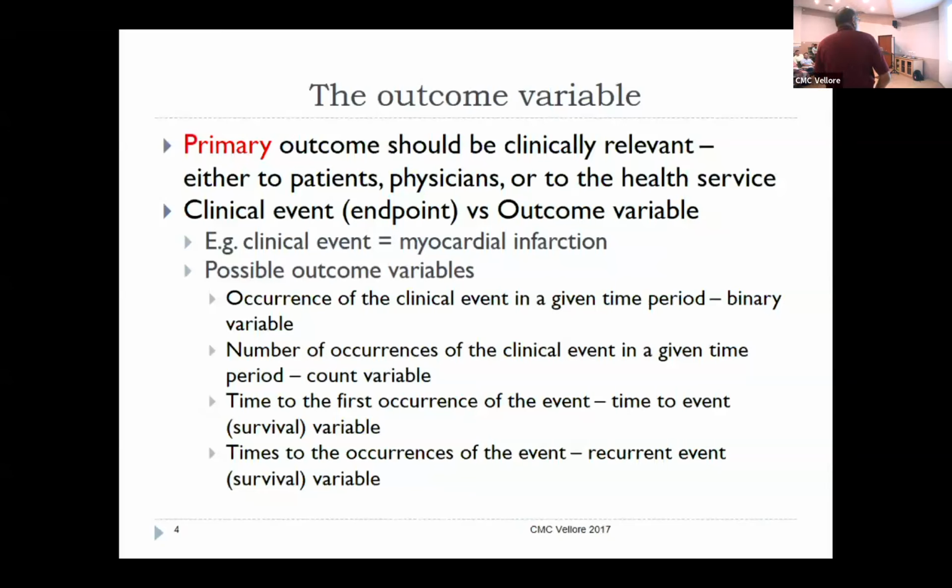So now you can either have a binary variable for a clinical event, or you can have a count variable for a clinical event. Now, binary variables and count variables mean that you have to keep observing the person for that entire period and know whether it occurred or not occurred, or it occurred multiple times or not. So you're observing it. Sometimes you have loss to follow-up.